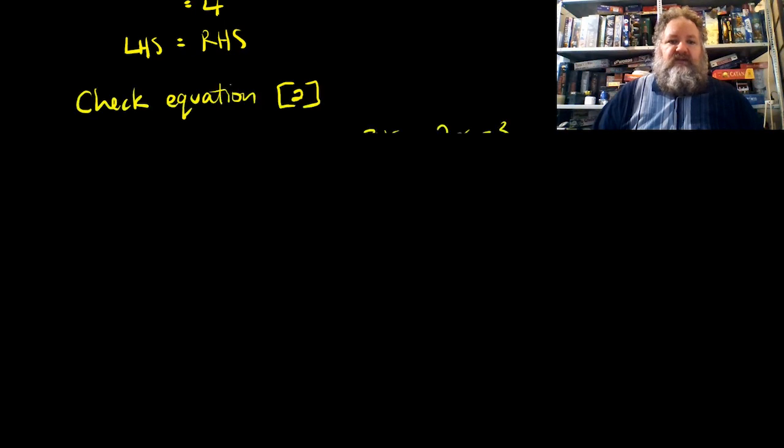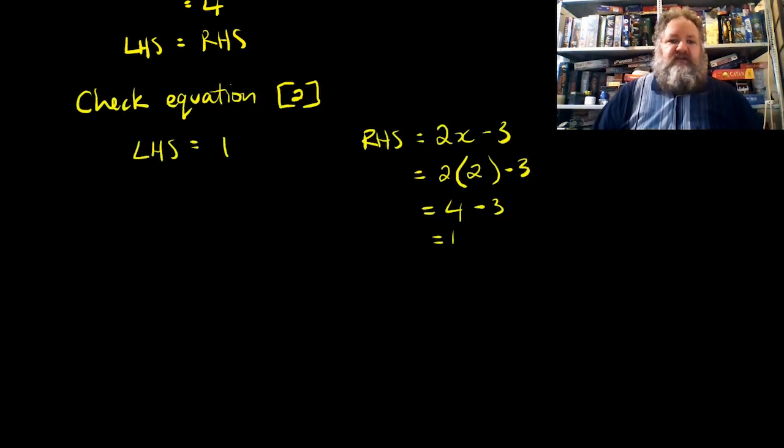I then have to check again for the second equation. So I will check equation number 2, and I'll do the same thing. I will check the left-hand side. That equation was y is equal to 2x minus 3. I will substitute in my values for x, which is 2, and y, which is 1. I have the left-hand side equaling 1, and once I've done the working out, my right-hand side equals 1.